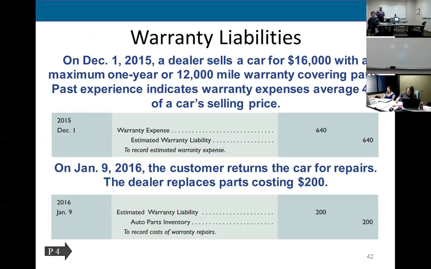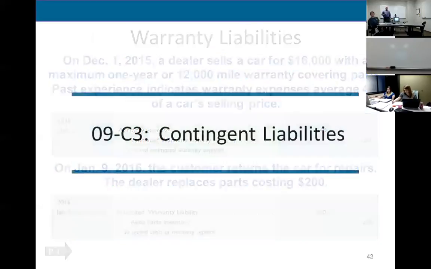So we recognize that repair for $200. We must pull that $200 out of our credit. So in order to do that, we will debit estimated warranty liability for $200 and credit inventory for $200.